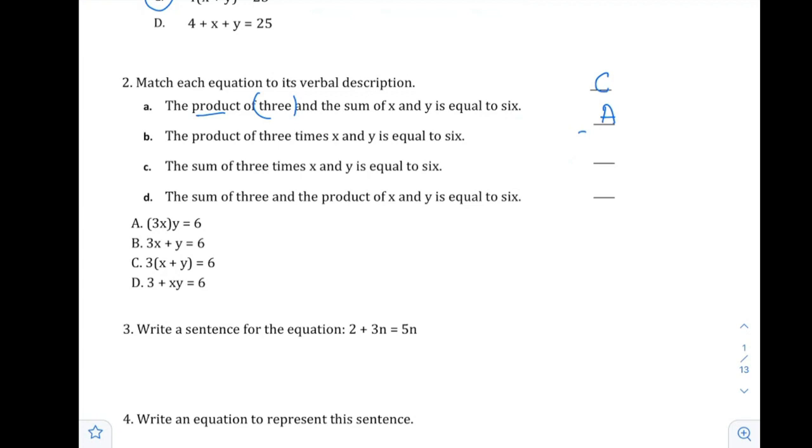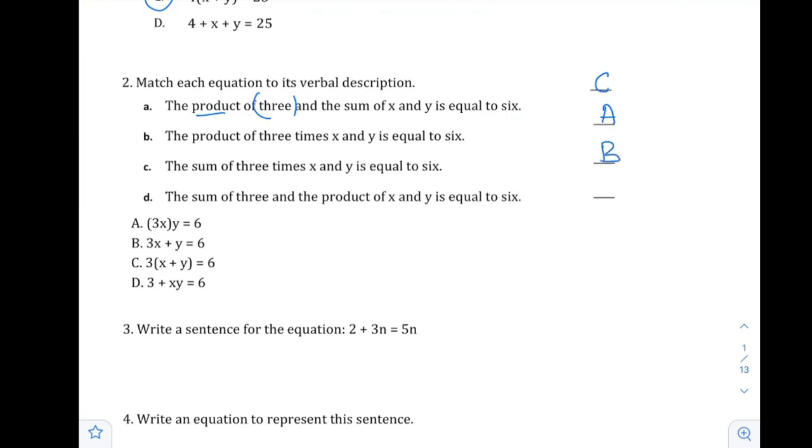C, the sum of 3 times x, and y, so the second one is y. The sum is equal to 6. So here the bracket has no meaning. I will choose answer B.